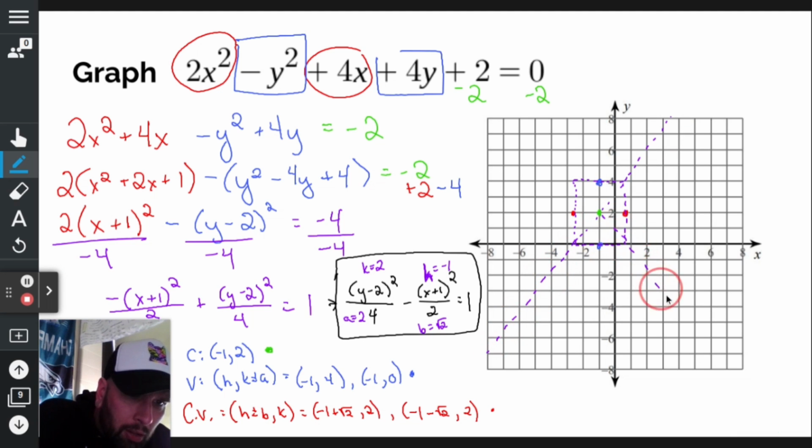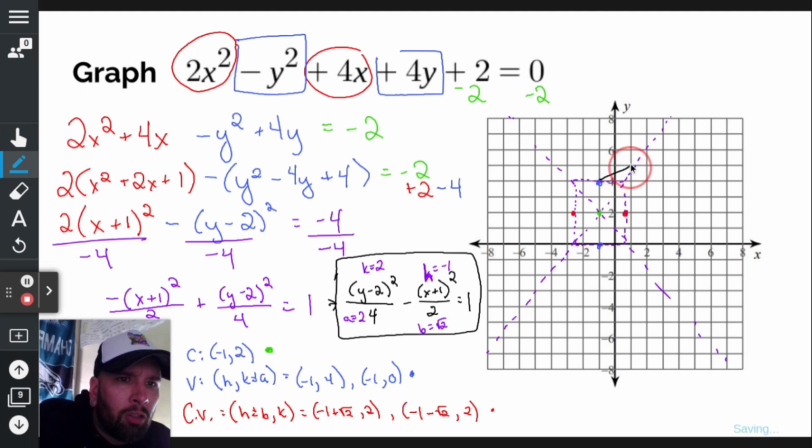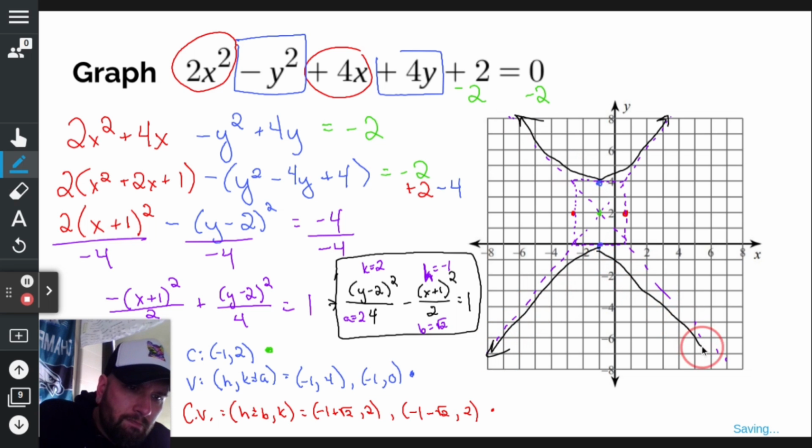So if I just draw dots like that, I know that my hyperbola, which I'm going to draw in black, starts at the vertices and then starts following along these dotted lines at some point. Like that.